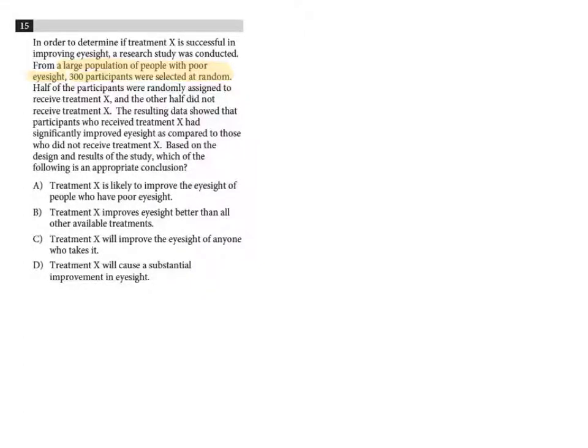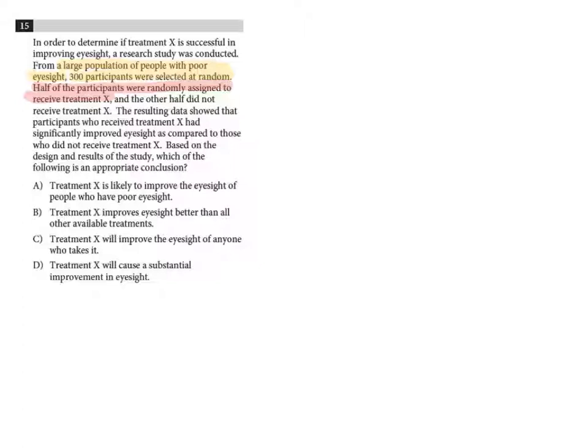Half of the participants were randomly assigned to receive treatment X. So half were assigned to receive treatment X, and the other half did not. The resulting data showed that participants who received treatment X had significantly improved eyesight as compared to those who did not receive treatment X.